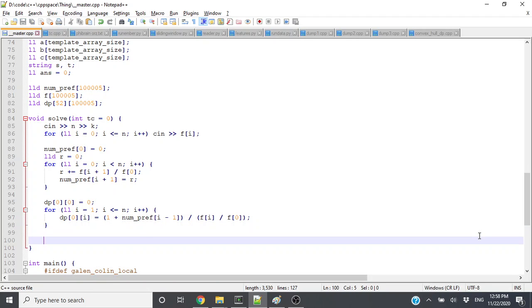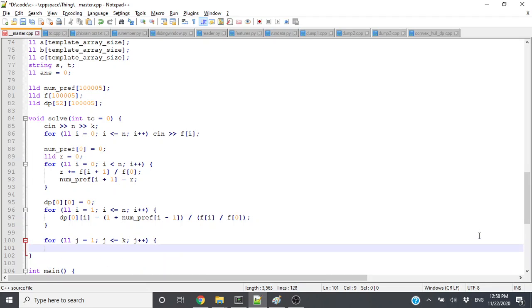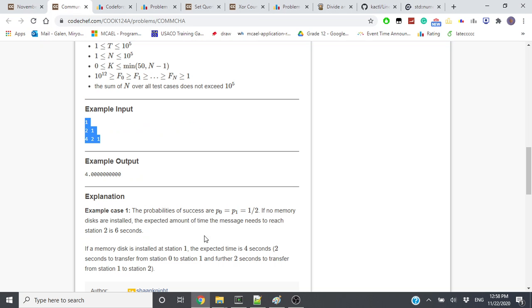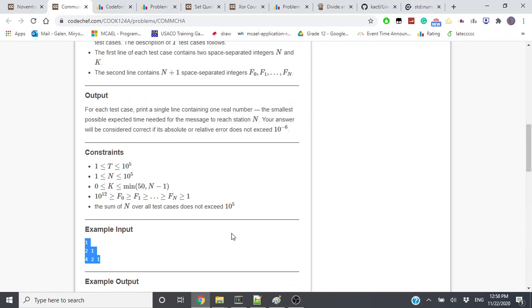Now, for j equals 1, j is less than or equal to k, j plus plus. This is where the hard part begins. LD ans equals, so the maximum possible answer would be like n divided by 10 to the negative 12th.